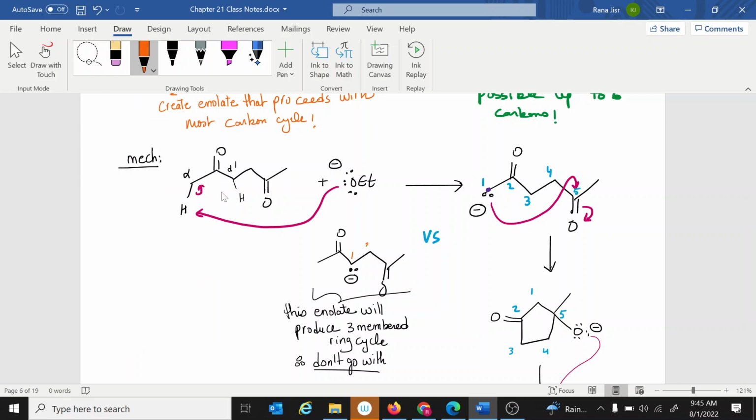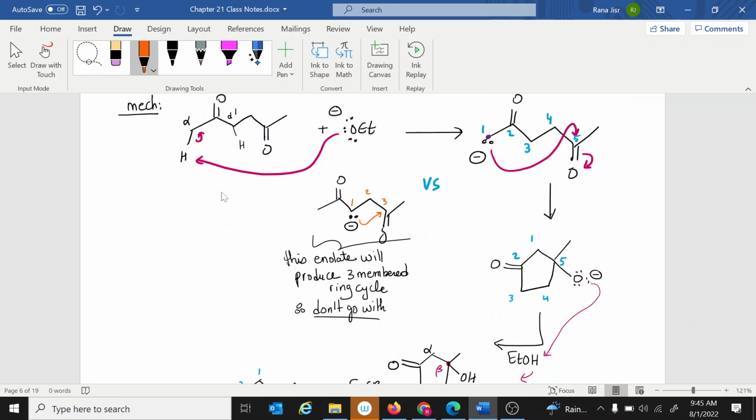There's going to be 1, 2, and 3. Then this is going to come and attack the carbon of the carbonyl and make a 3-membered ring. Do you see the difference in there? Okay. So this is why we go with this one over there. Go with the alpha hydrogen.